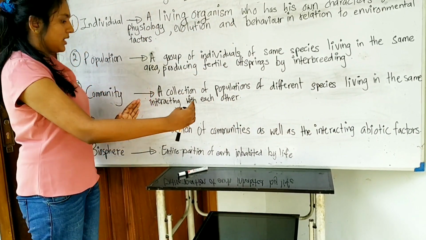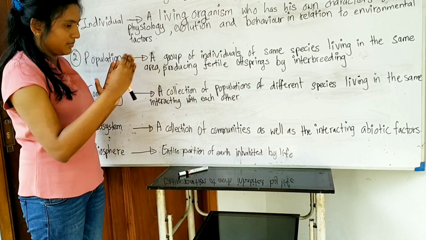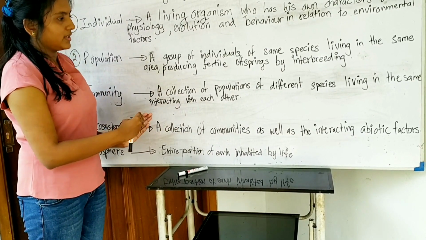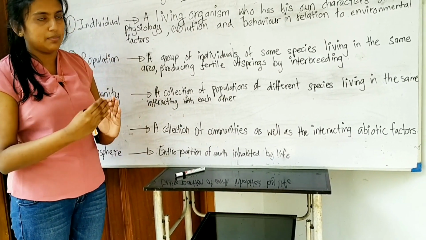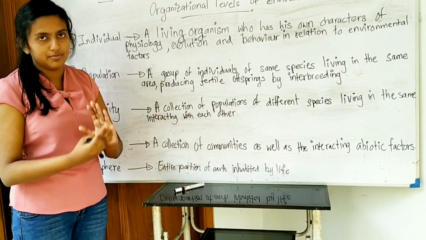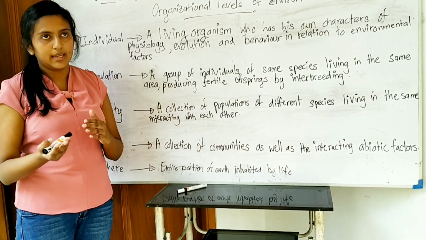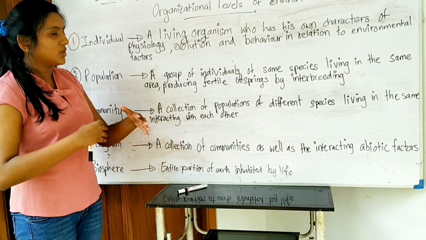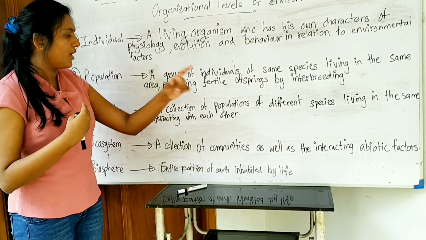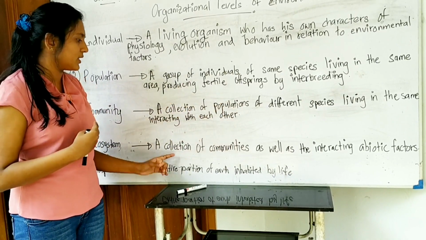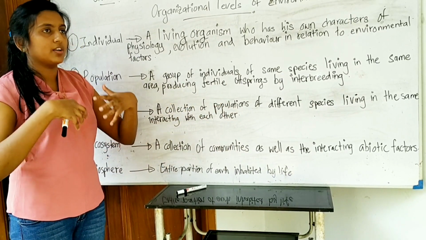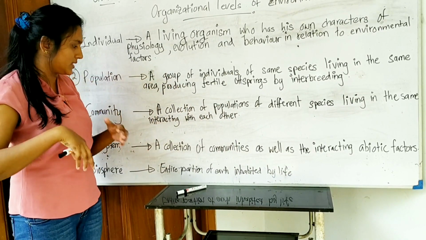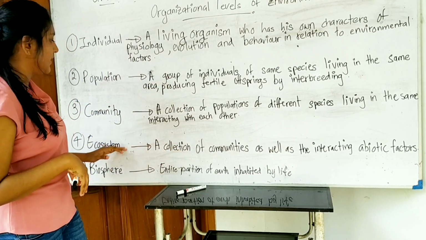That means the collection of communities along with the abiotic factors associated with them. Abiotic factors means the non-living factors like water, light, gases, nutrients, soil and all those things. Likewise, when those non-living abiotic factors interact with a collection of a lot of communities, then we can say it's an ecosystem.